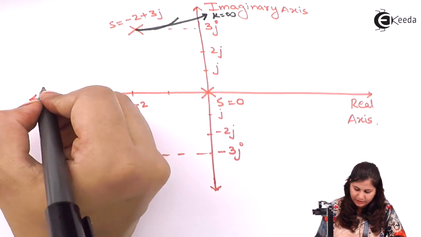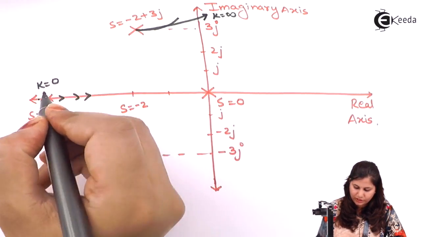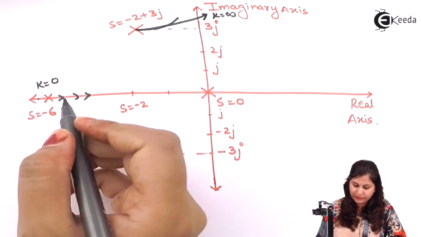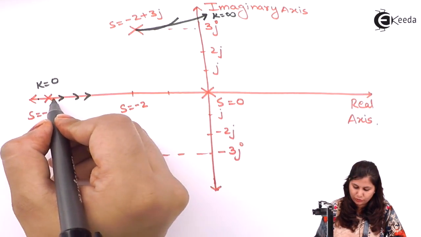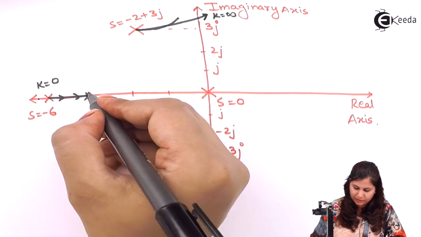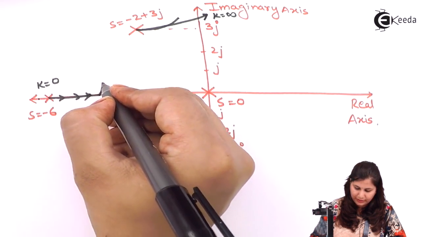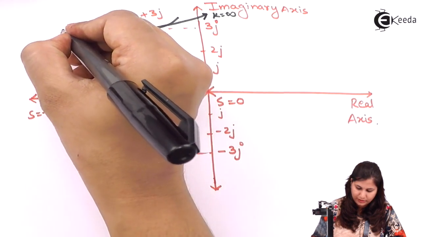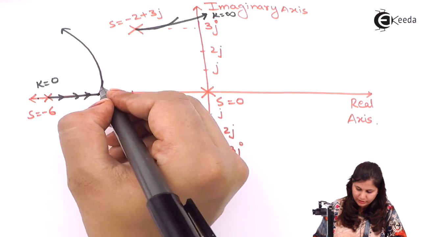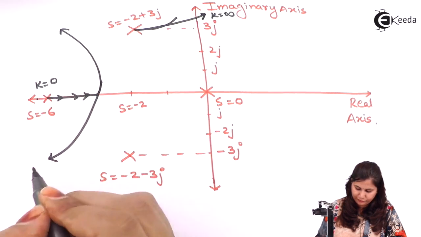Here we are having k equals to 0, starting from a pole, and it has to terminate at a 0, but it will not terminate at 0, it will go to infinity. So it will start from here, will come to this point, and it will go towards infinity. Similarly, here also it is going to diverge, and it will go towards infinity.